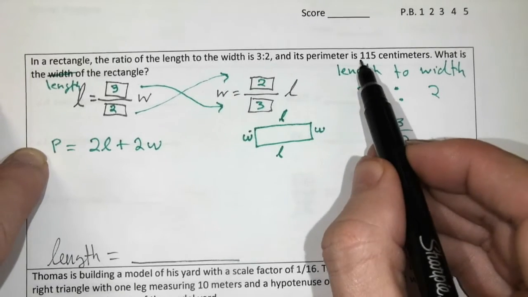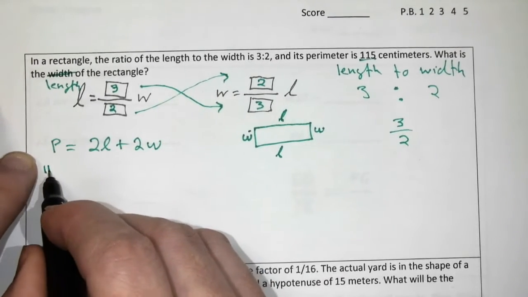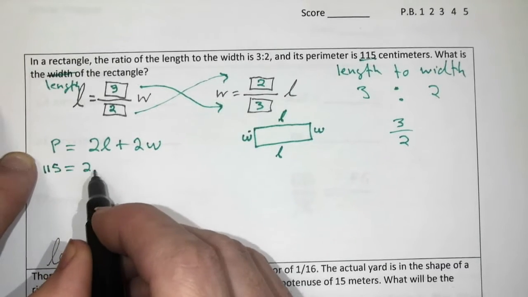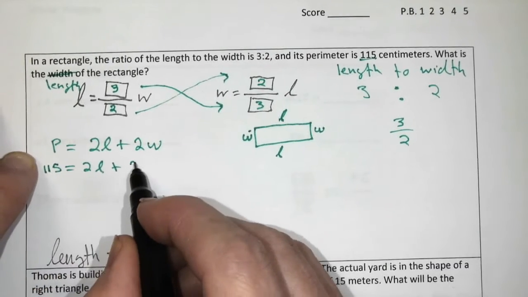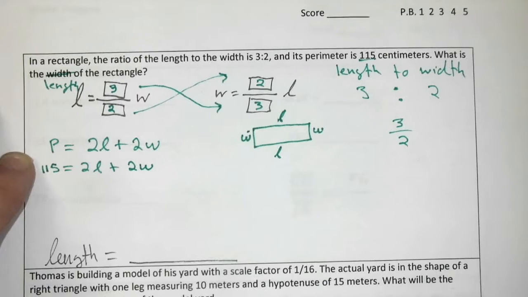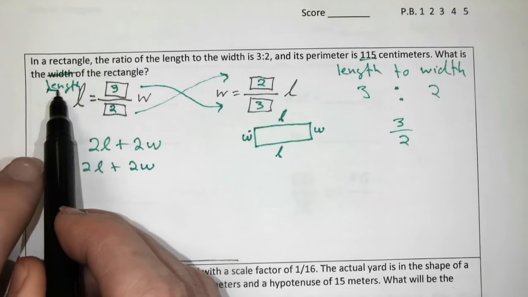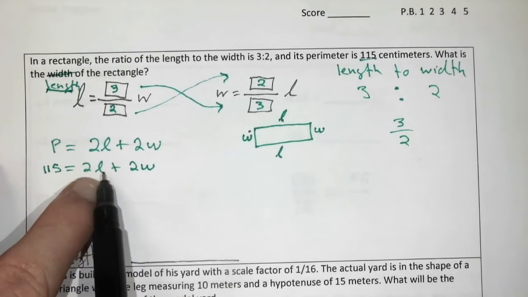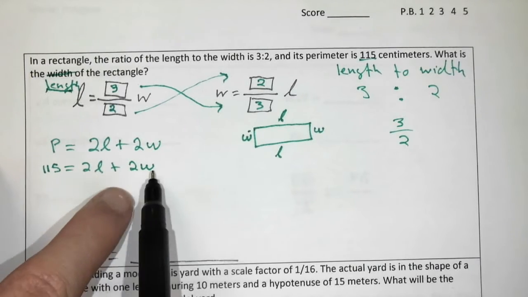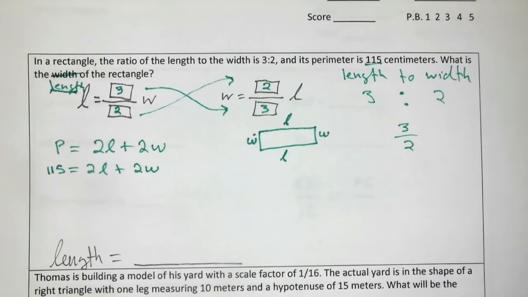Well, I know that the perimeter is 115, so I'm going to write 115 instead of P. And since I'm trying to solve for the length, I need to have only L's in my equation. Right now I have this W. That's no good.